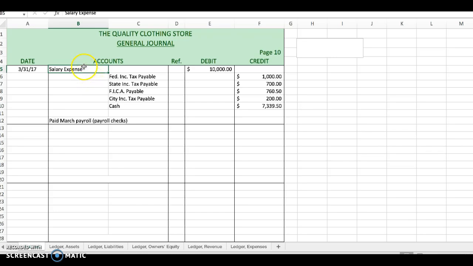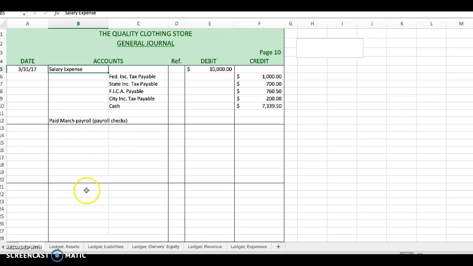A little unusual, but it's simplified for our purposes. So each month, our employees earn $10,000, and we have to withhold some things, and we've talked about that in the last video. And we end up paying them a net amount of $7339.50. This particular video will talk about how we take this entry and post it to the ledger.